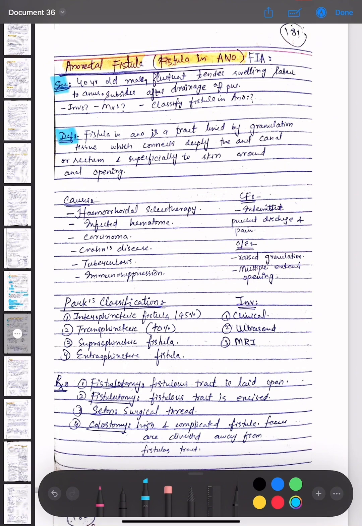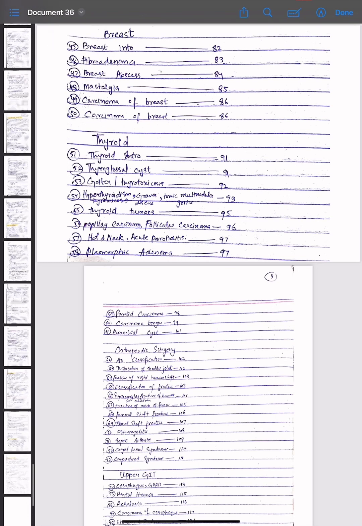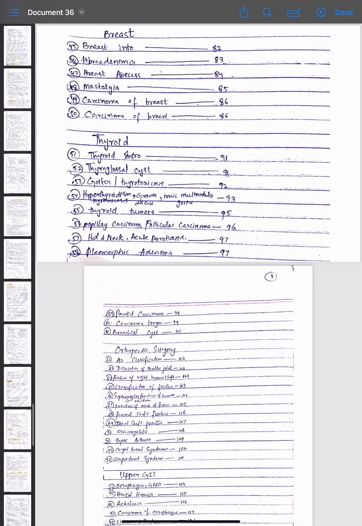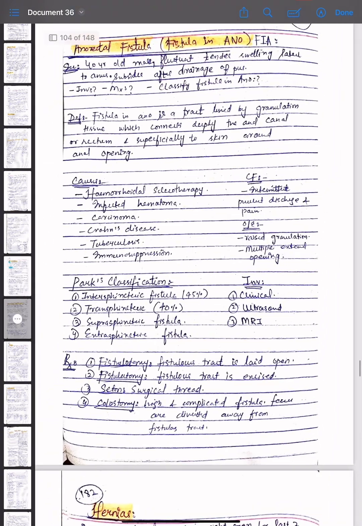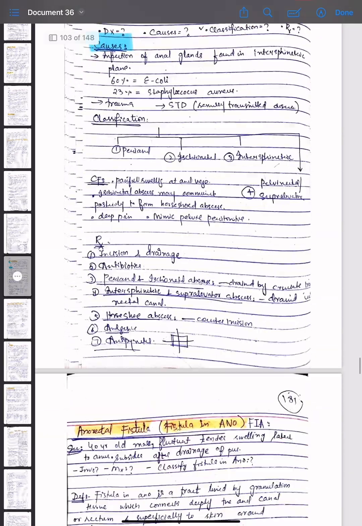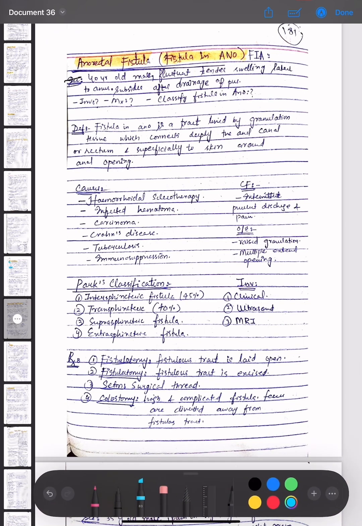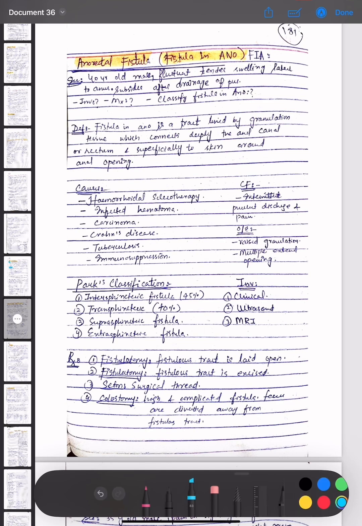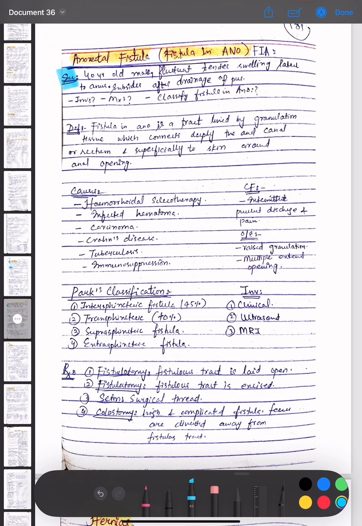We have already read the scenario. Now coming towards the definition.